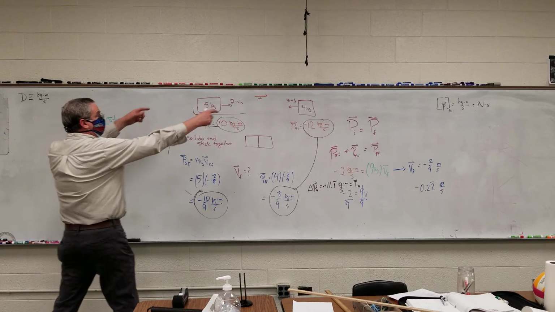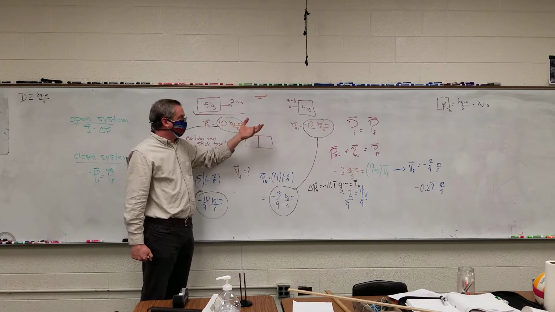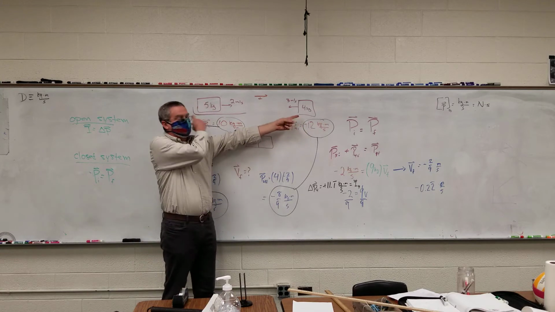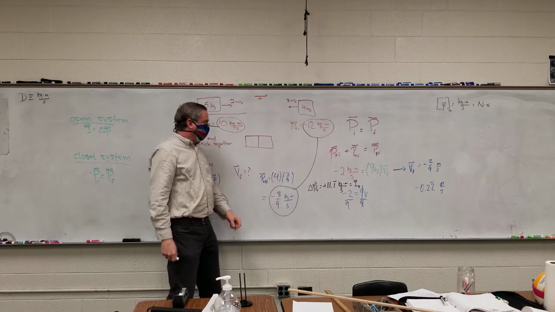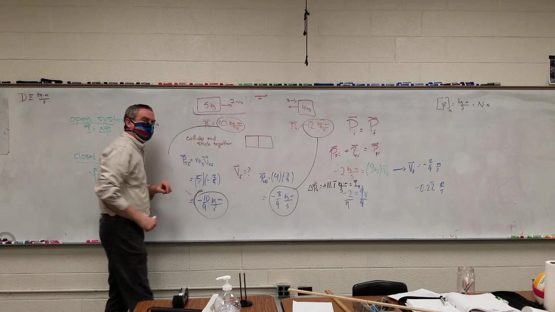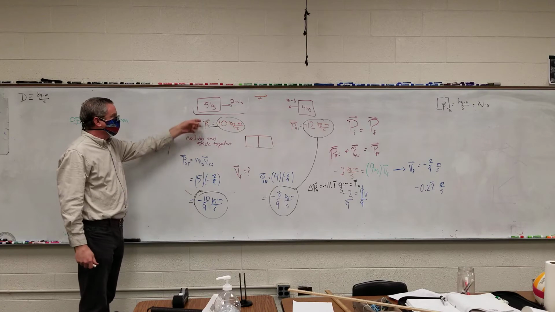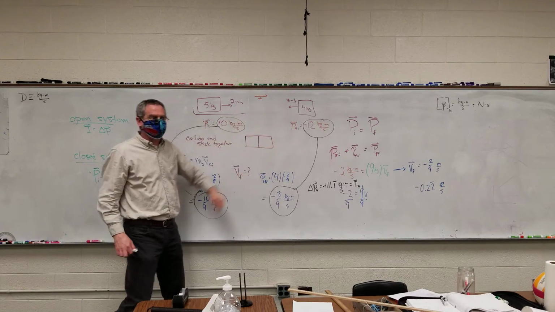So when I had these two things colliding, it was just these two things. There was nothing else involved in the problem, so my momentum was conserved because I had two objects here and I took both of them into account. But when I did my impulse over here, I ignored that and looked at just this one. And so there was a change in momentum because I ignored this outside influence.